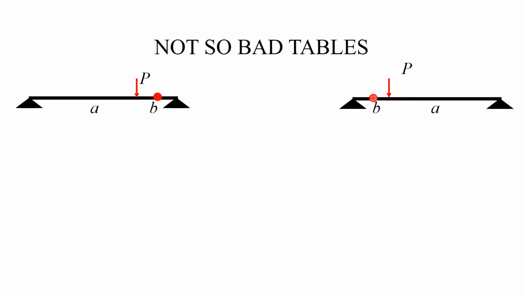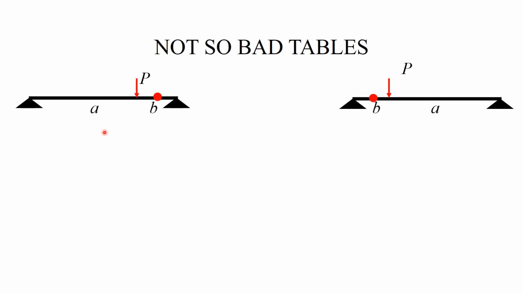And the point of interest is now here, so to the left of the force. You may think about generating this beam by simply rotating the original beam 180 degrees about the vertical axis, some kind of mirror imaging, right?